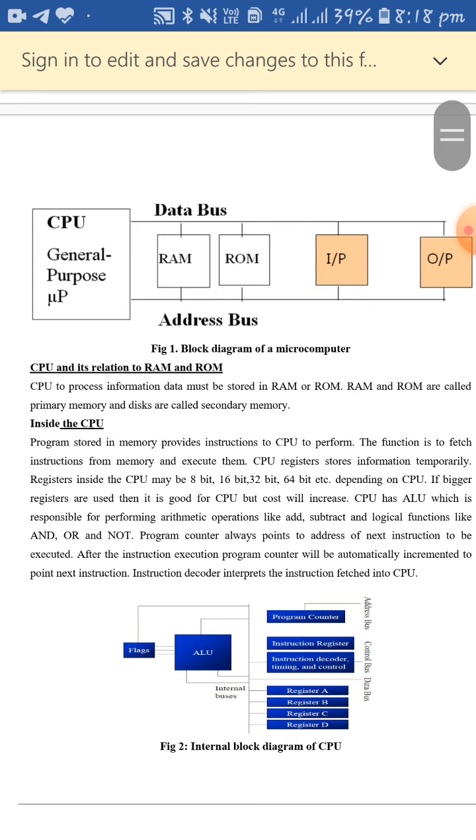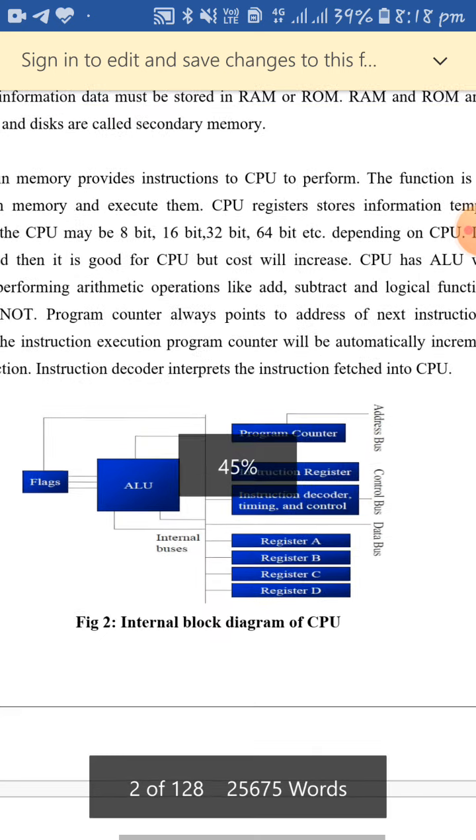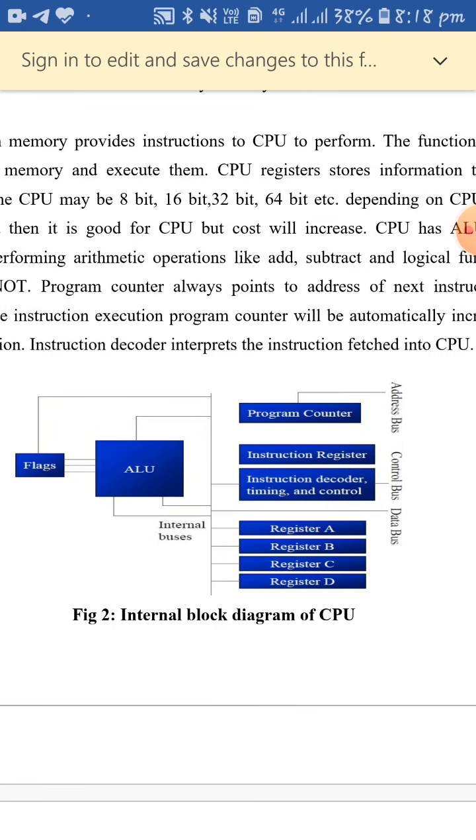The CPU is going to perform the main functions according to the applications. And if you open the CPU, you can see the block diagram. It has the ALU, arithmetic logic unit, which performs the different arithmetic operations. While performing the different operations, you need some other registers to store the intermediate or temporary results, and you need to read the address of data, and you need to store the result of your operation in different registers.